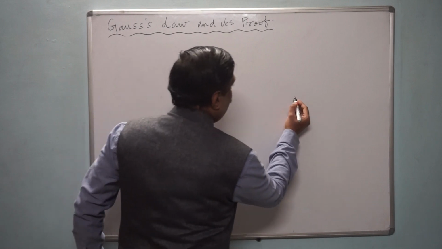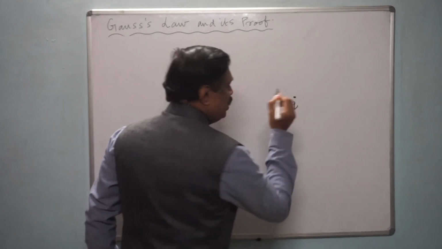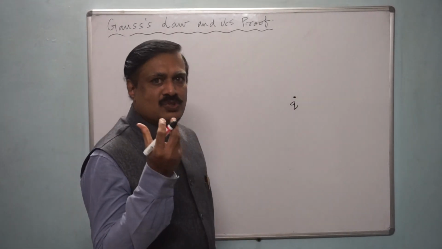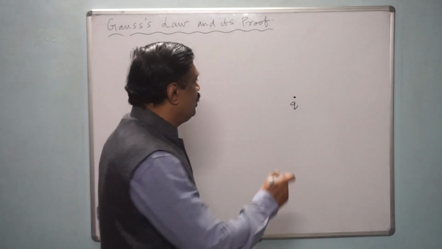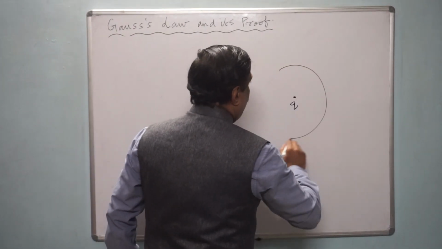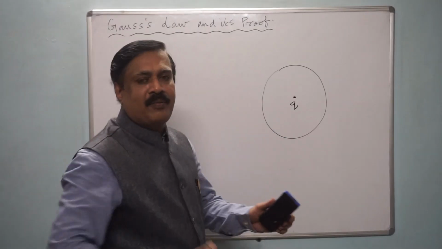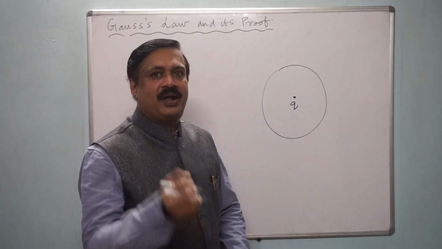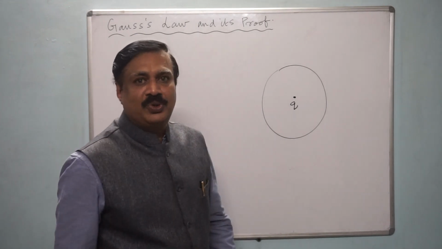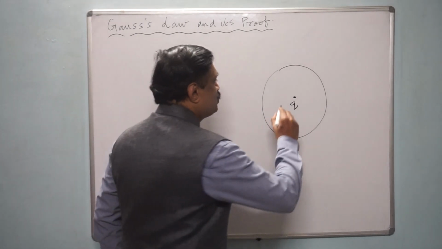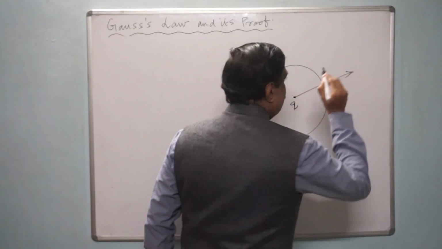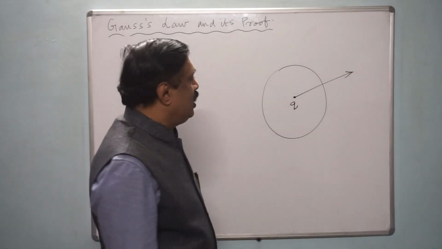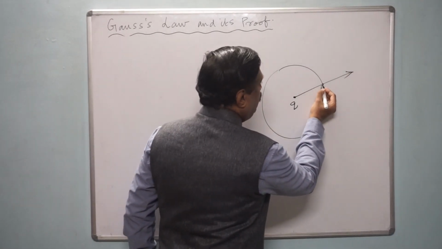Say your charge is q. Consider a small positive charge. Now assume a spherical sphere around it, with the charge q at the center. The field is radially outwards. Now you consider a point P here.